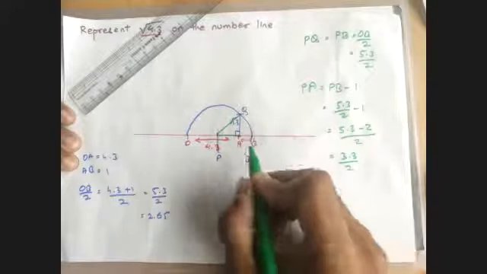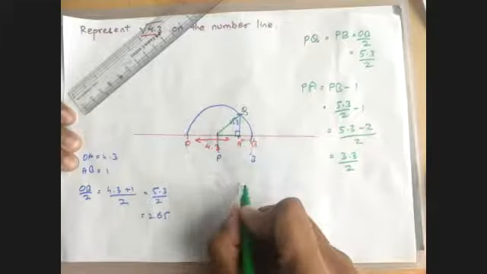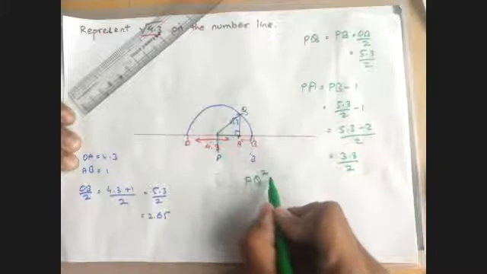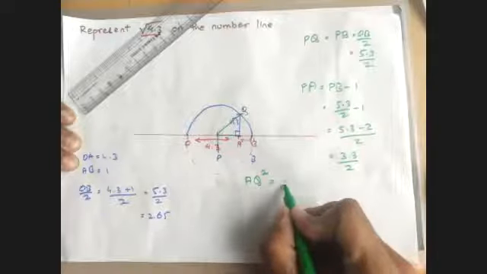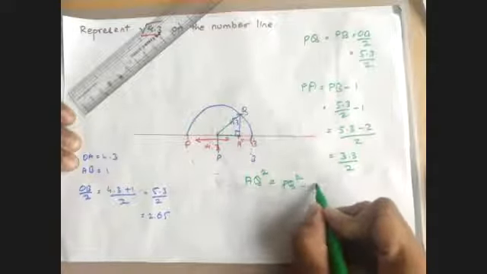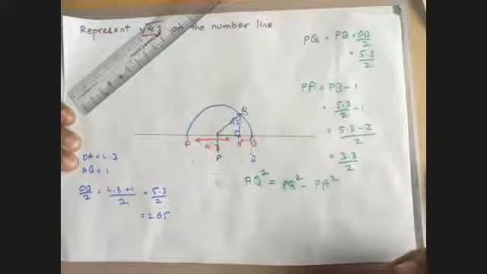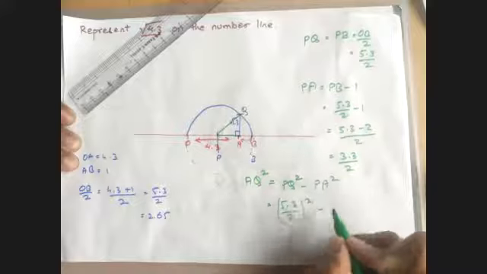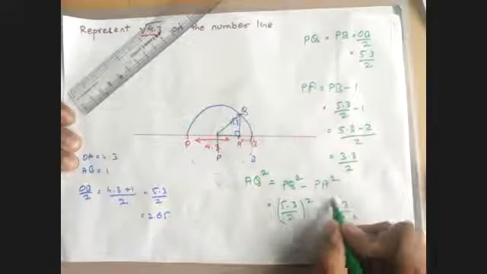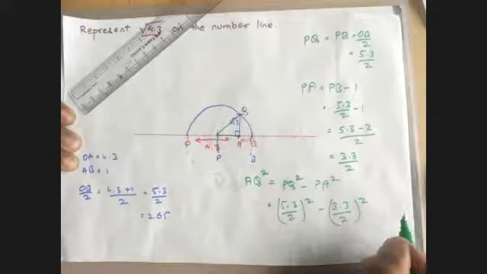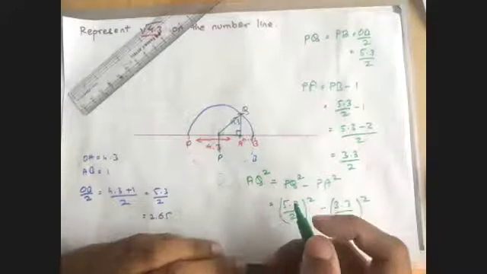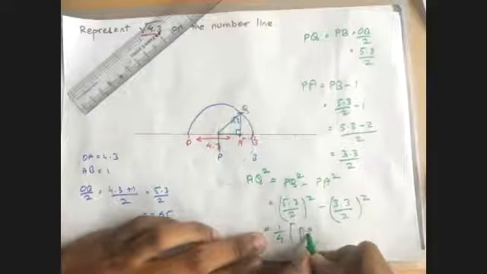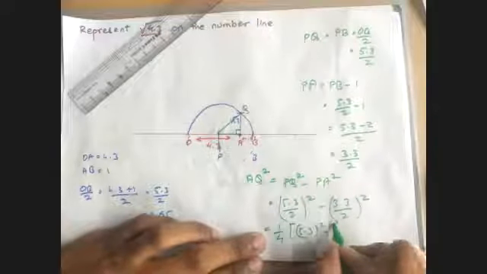Now we need this distance AQ. By the Pythagoras theorem, AQ square is nothing but hypotenuse PQ square minus PA square. So this is equal to 5.3 by 2 the whole square minus 3.3 by 2 the whole square, which is 1 by 4 into 5.3 the whole square minus 3.3 the whole square.